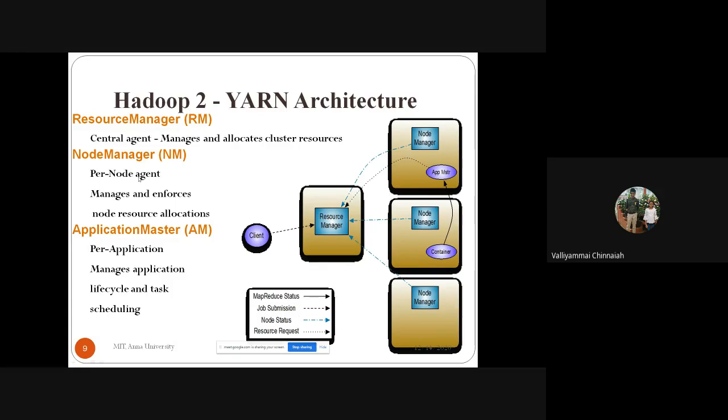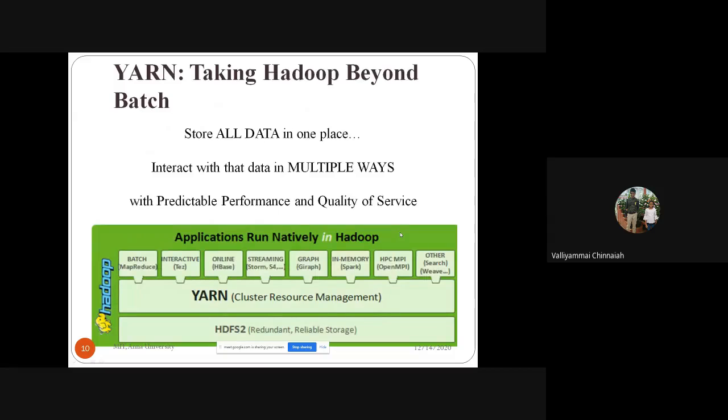Here the application master is per application. Whatever applications you are running on Hadoop, that many application masters will be there, to manage the application and schedule the tasks. They are taking Hadoop beyond batch, because normally Hadoop supports batch processing.